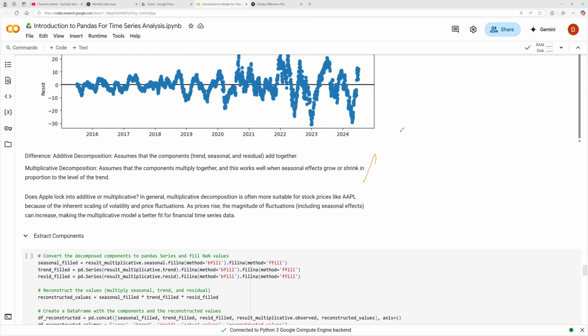Where these huge magnitudes, this is the way a stock price probably behaves, more than something like this, right? So these fluctuations basically magnify the possibility of an increase. Okay, so that would be what I would consider multiplicative versus additive, which is just a regular trend.